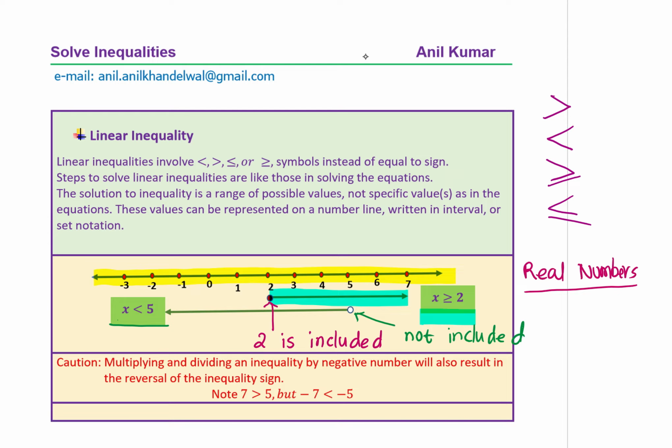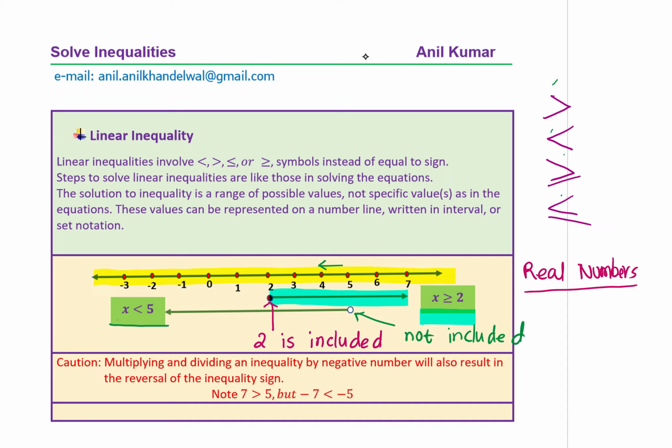Less than 5 means on the left side of the point. On a number line, all the points on the left side denote values which are less than, and on the right side it is greater than, right? So this side of the solution is greater than. I hope now you understand what these symbols stand for, correct?